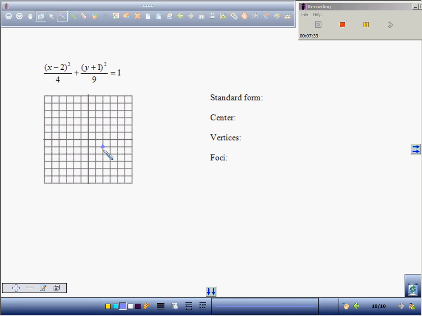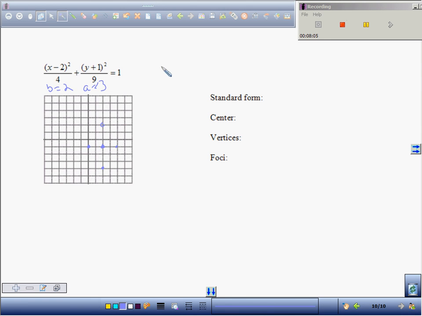B is 2 and A is 3. So you're going to go up 3 from here, 1, 2, 3, and down 3 from there, 1, 2, 3, and out 2 and over 2. Square root of 5.